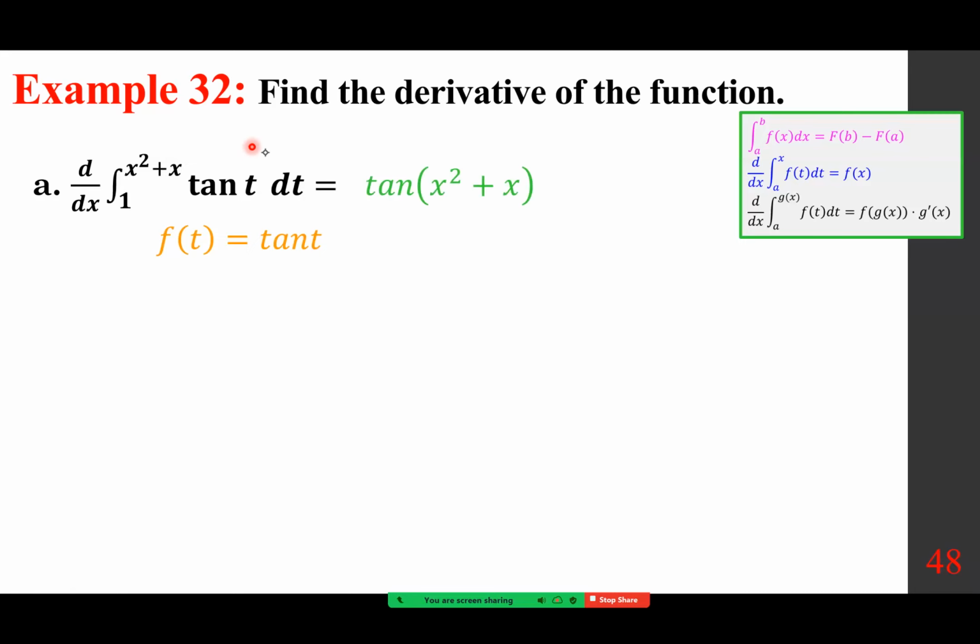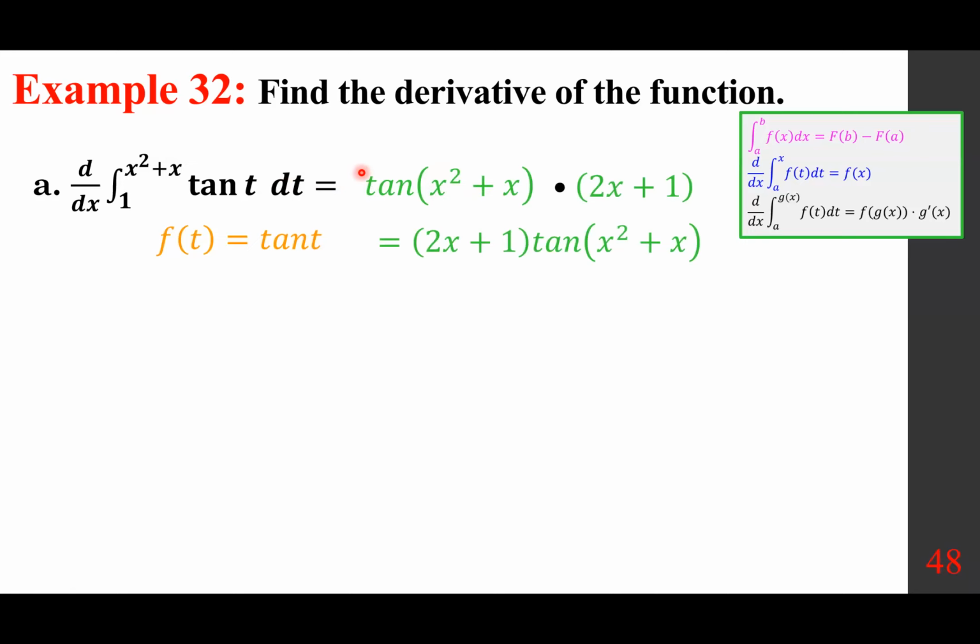So tan of x squared plus x, and then the derivative of that, 2x plus 1. And normally we put that in front. Again, very straightforward.